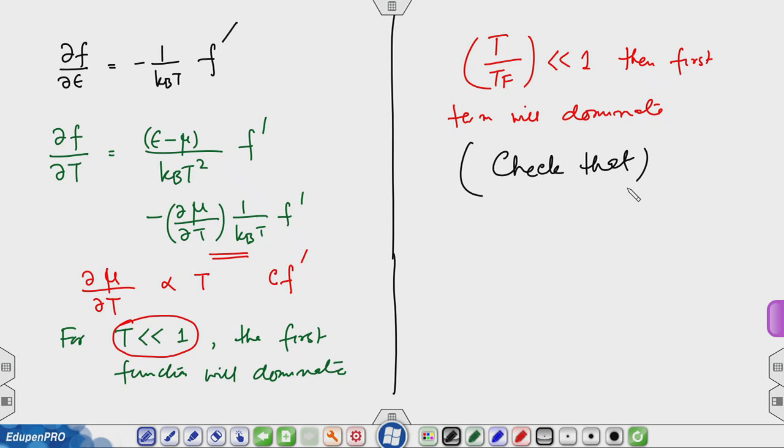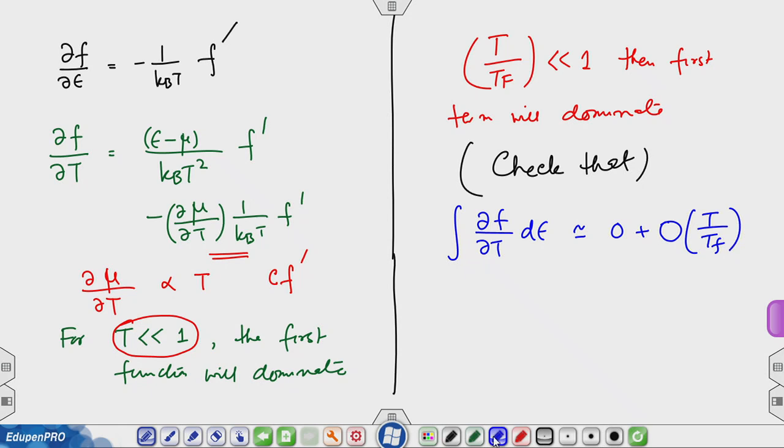From this you can also see that the integral of partial f partial t dE will be almost 0 plus a term of the order of t over tf. Let's check that.